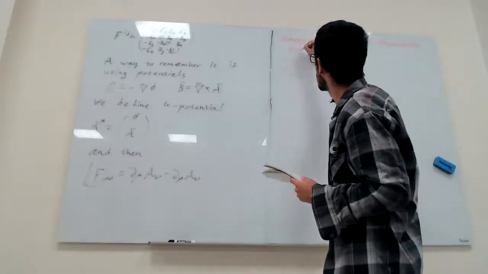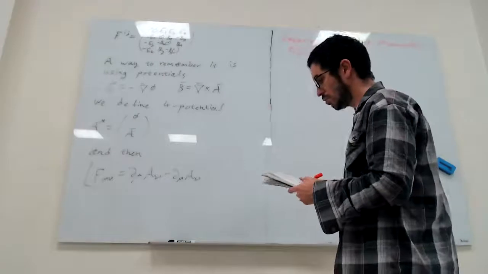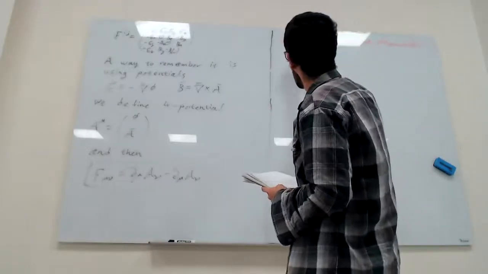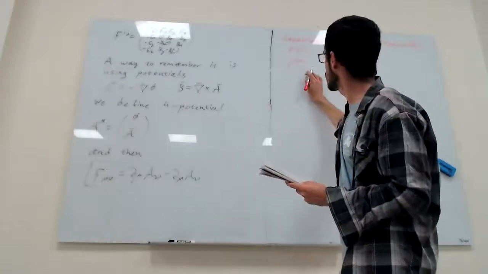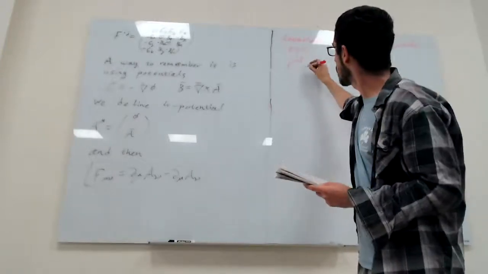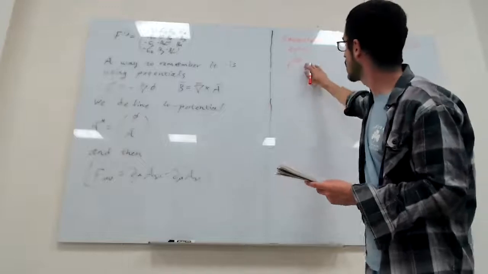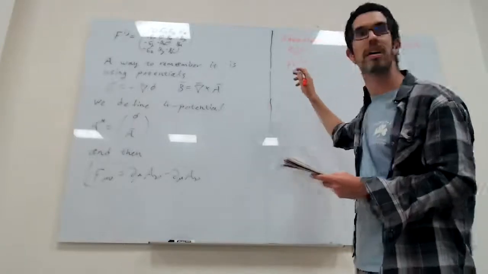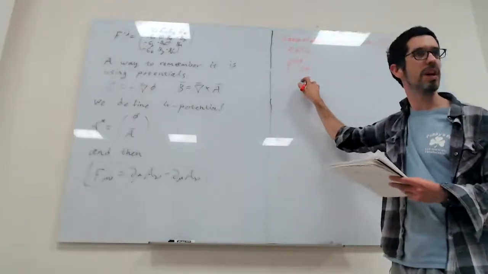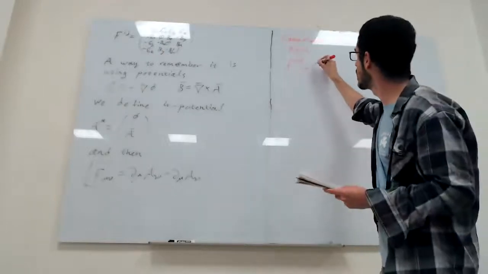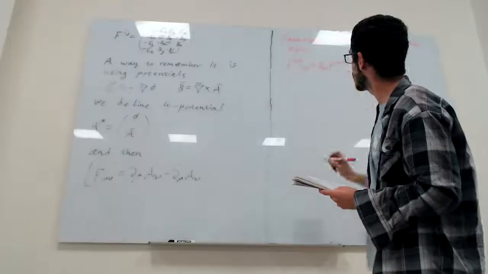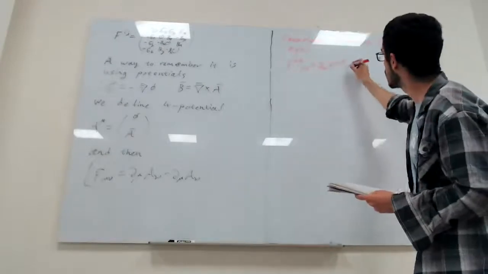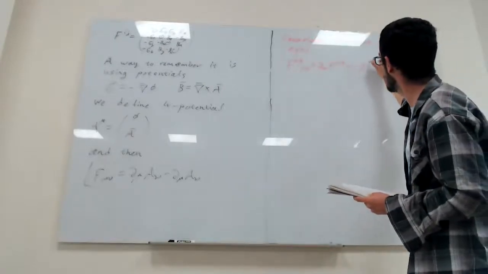One is d alpha F alpha beta equals minus j beta, which we will get to.